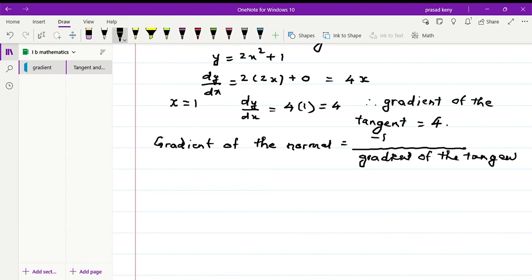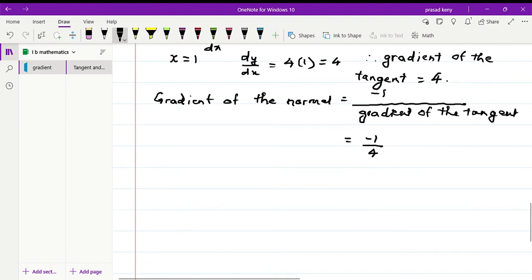So the gradient of the normal will be negative 1 upon the gradient of the tangent, that is 4. So negative 1 upon 4. See that the product of the gradient of the tangent and the gradient of the normal should be negative 1.